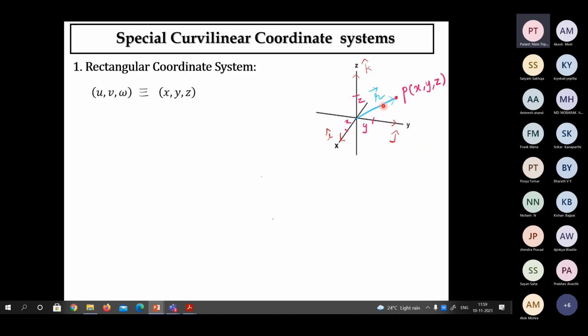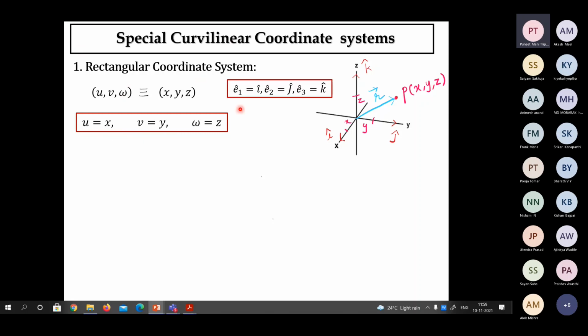That decides the vector xi plus yj plus zk. So the point is x, y, z. For rectangular systems, u is x, v is y, w is z, and the unit vectors e1, e2, e3 are respectively i, j, k.